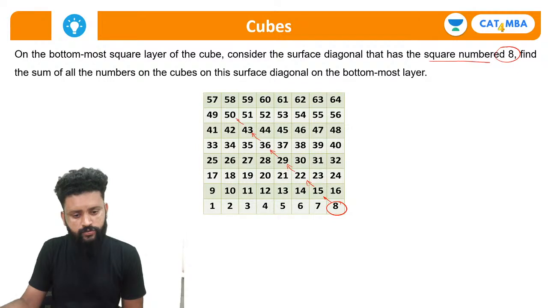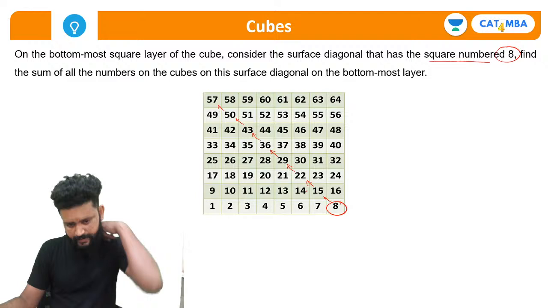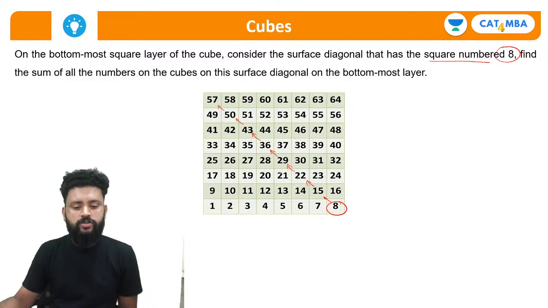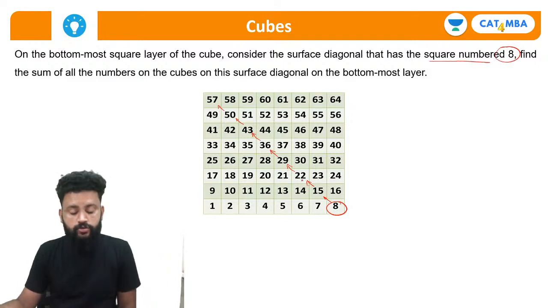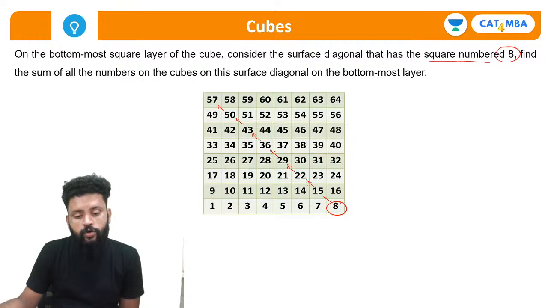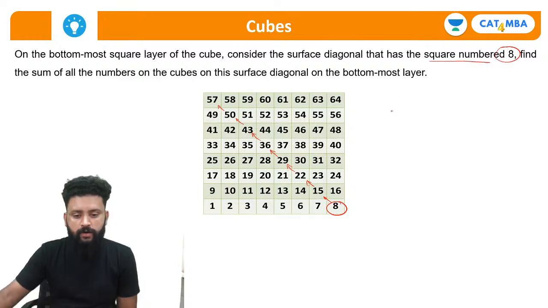If you look at these numbers, the difference is 7 everywhere. Sorry, it was not 24, it was 22. So how to add these numbers? One way, you can simply add 8 plus 15 plus 22 plus 29 plus 36 plus 43 plus 50 plus 57. But I'll share one trick to add.